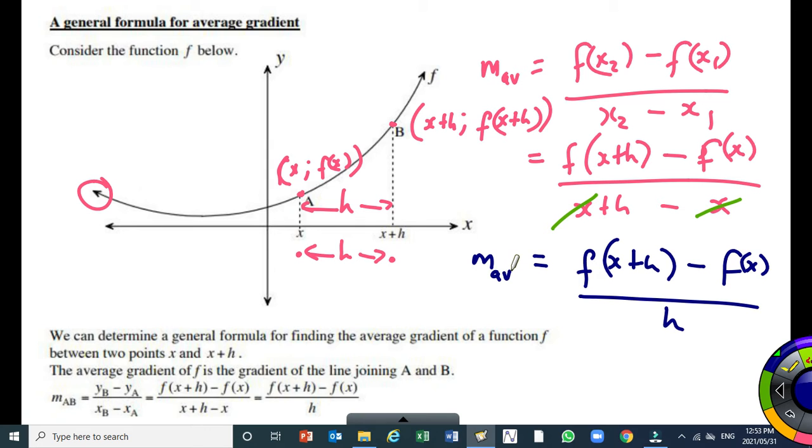Okay. So the basic idea here is that the average gradient of this curve between point A and B is given by f of x plus h minus f of x all over h, where h is the distance between the two x values.